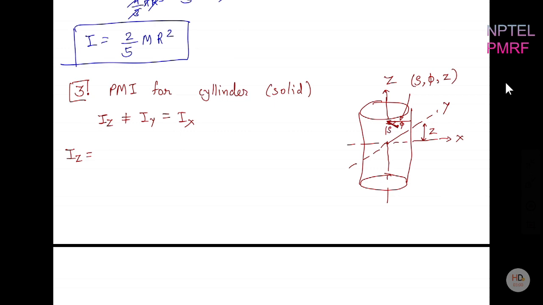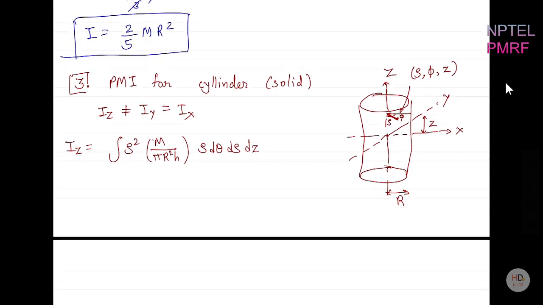Okay, so Iz is just the integral of rho square, because that is the distance from the z-axis. And now the volume element, with density m divided by pi r square h, where the radius is r. Then the volume element would be just the area element in 2D polar coordinates, which is rho d theta d rho, and then dz, right?